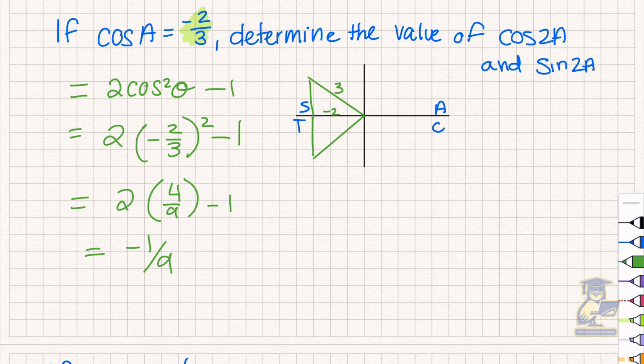So to find the opposite side, we would have 3 squared minus -2 squared equals y squared. So then we have 9 minus 4 equals y squared.